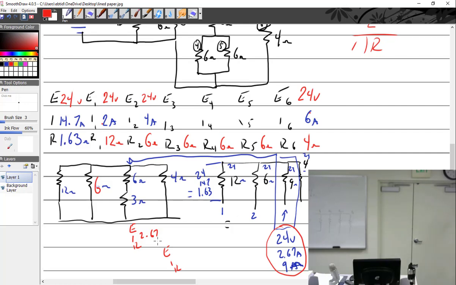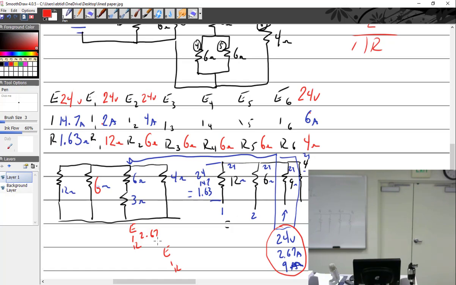And I know R4/5 resistance is 3. So what is my voltage drop across those? For R3, it's 16.2, and for R5, it's 7.8. Okay, cool.